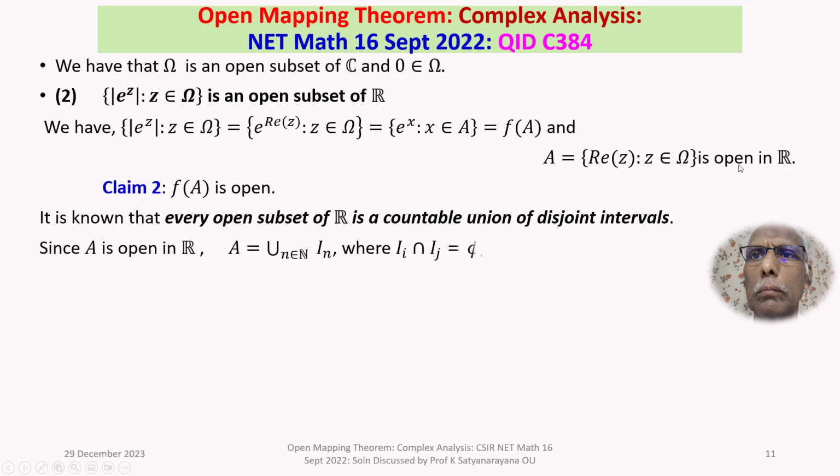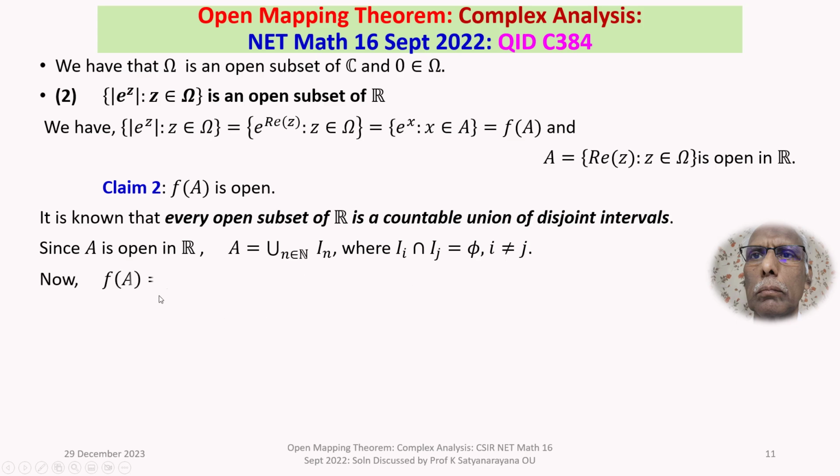A is an open subset of R. Therefore, by the above, A is a disjoint union of open intervals: the union over n belonging to N of I_n, where each I_n is an open interval, and I_i intersection I_j is empty when i is not equal to j. That means they are disjoint. It's a countable union of disjoint open intervals.